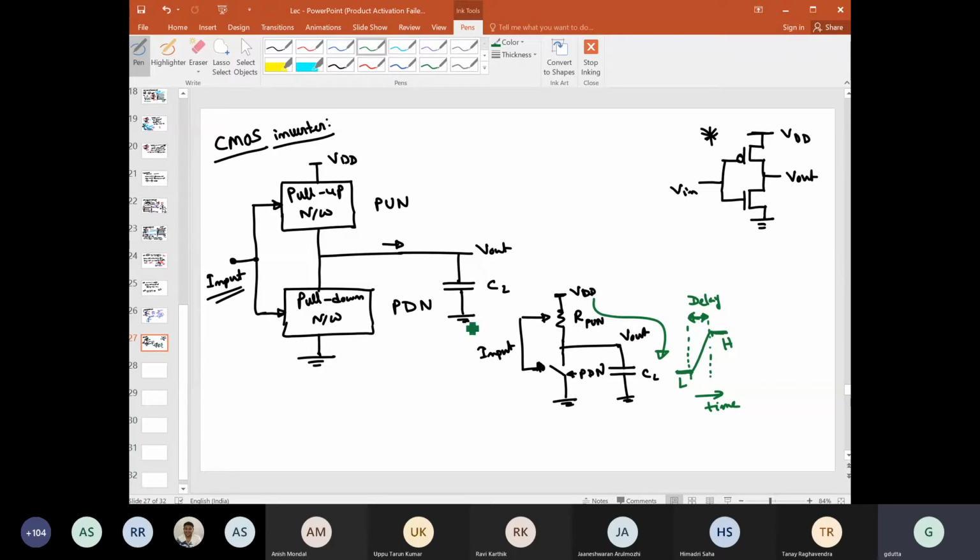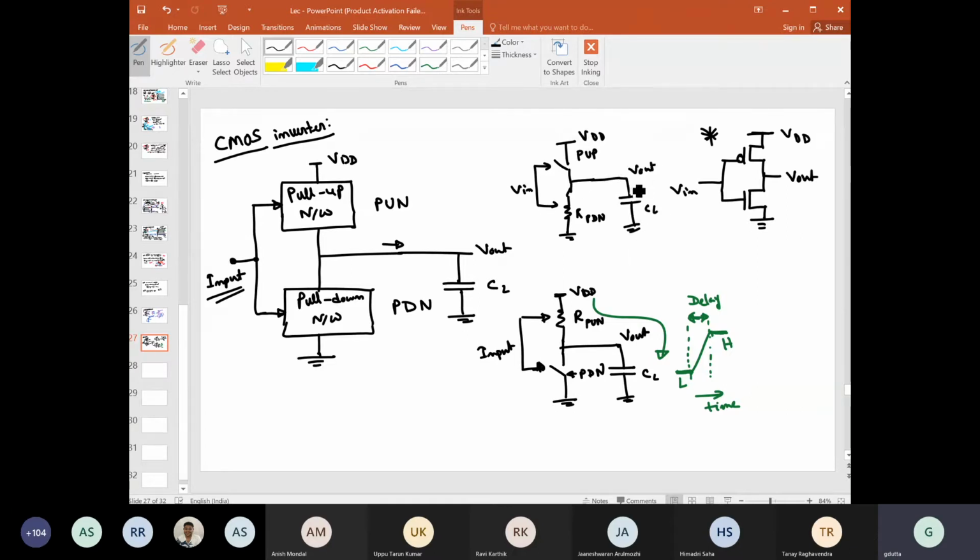Similarly, if you consider the other scenario where only the pull down network is active, then we can say this R pull down network is only there, and the pull up network has been open circuited. This is VDD, right? This is that input V input, and this is that output CL, right?